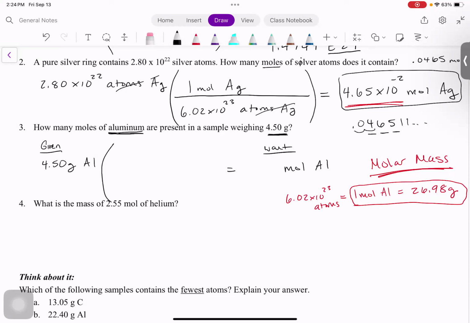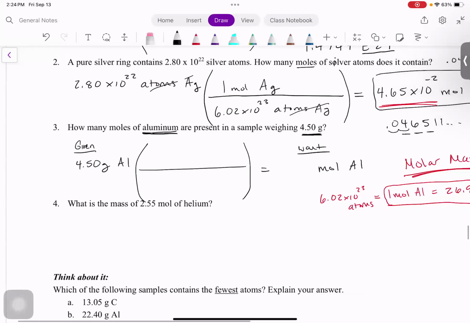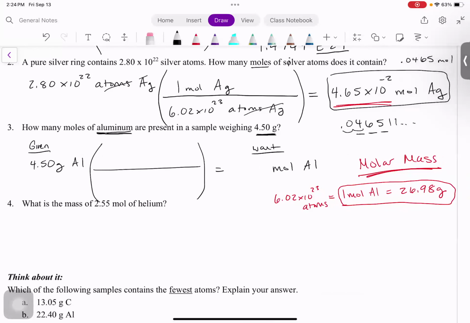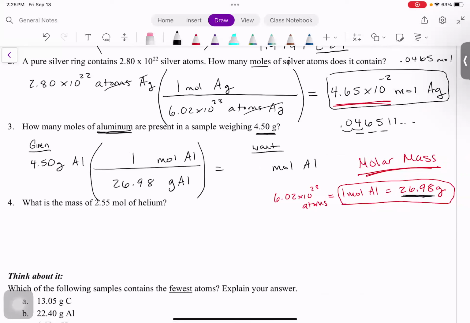So using the molar mass of aluminum from the periodic table, I need grams of aluminum in the denominator and moles of aluminum in the numerator. So 26.98 grams of aluminum is equal to 1 mole of aluminum. That's the mass of 1 mole of aluminum.